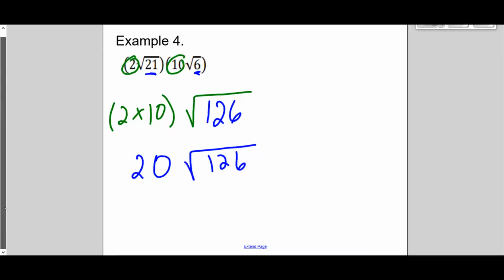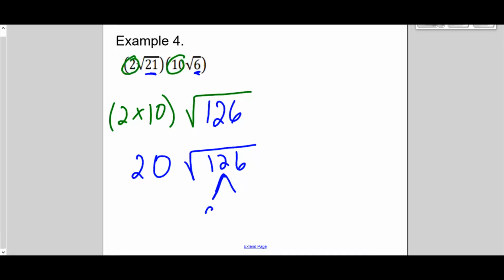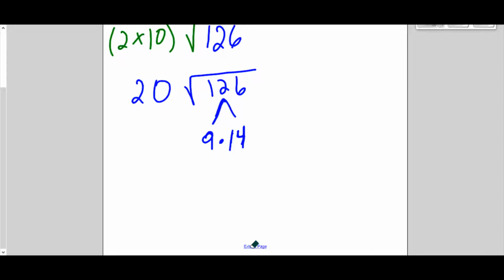126 could be reduced. This would be 9 times 14. So 9 times 14 gets you 126. Then I'm going to rewrite this as 20 times the square root of 9 times 14. 9 is a perfect square, so we can take that out of the radical.